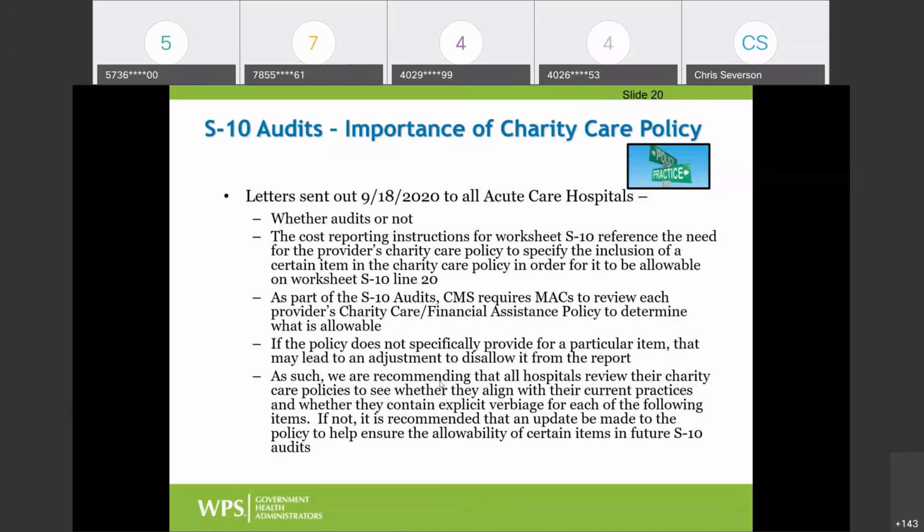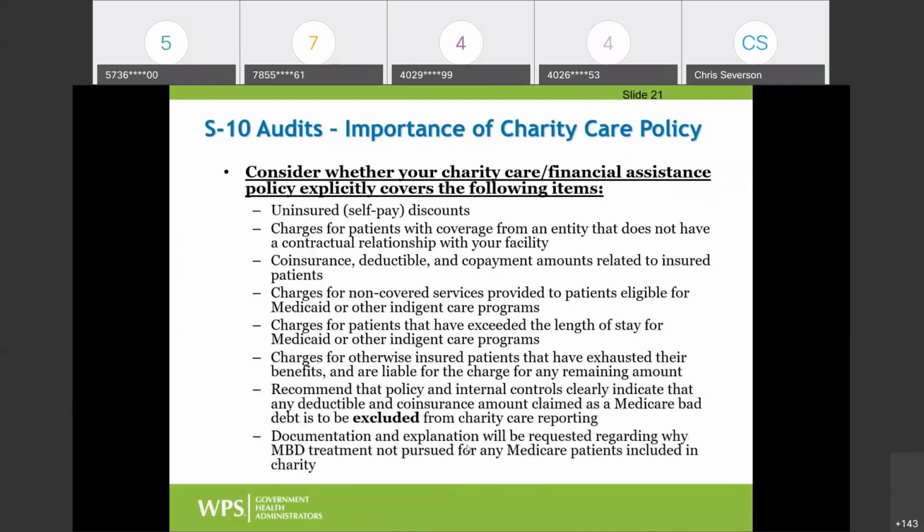So what we're doing with that letter, the whole idea was we're recommending that all hospitals review their charity care policies to see if they align with their practices, and if not, just to update that policy and really try to be as clear as possible in there rather than just vague language. Try to be clear. For example, which I've got on the next slide here, do you allow uninsured or self-pay discounts?